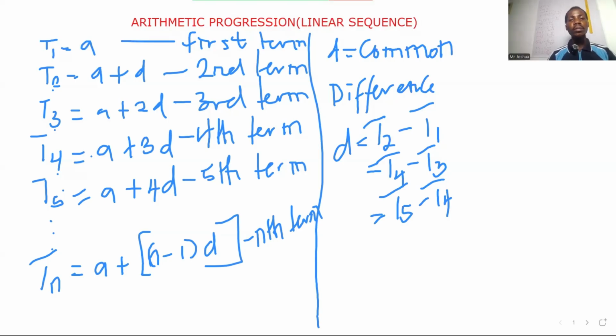So for AP, we use common difference, but for GP, we use common ratio. That is one of the differences we have for the both. And one of the things you are going to realize here is that when you look at our operation in this case, we are having plus.